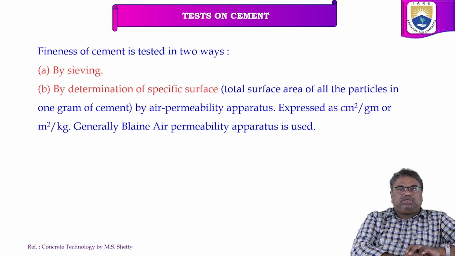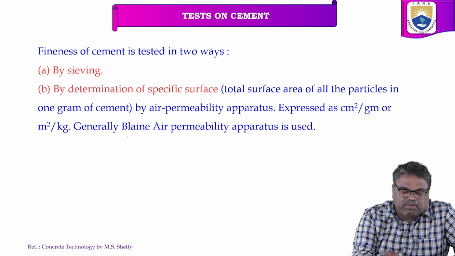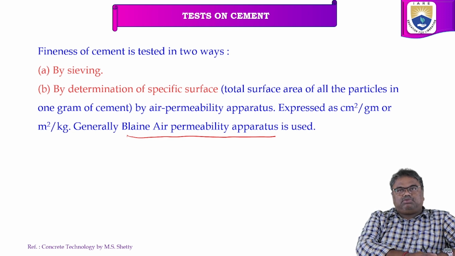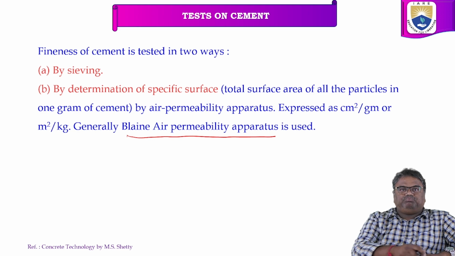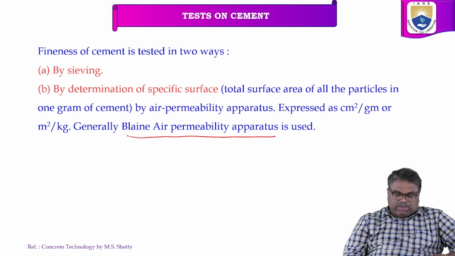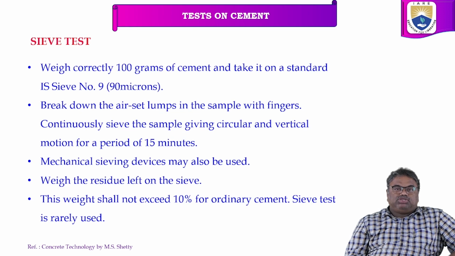So this is the specific surface area. In most cases in India, we use Blaine's air permeability apparatus to find the specific surface area of the cement, right? So we'll see one by one, first how to perform the sieve test.